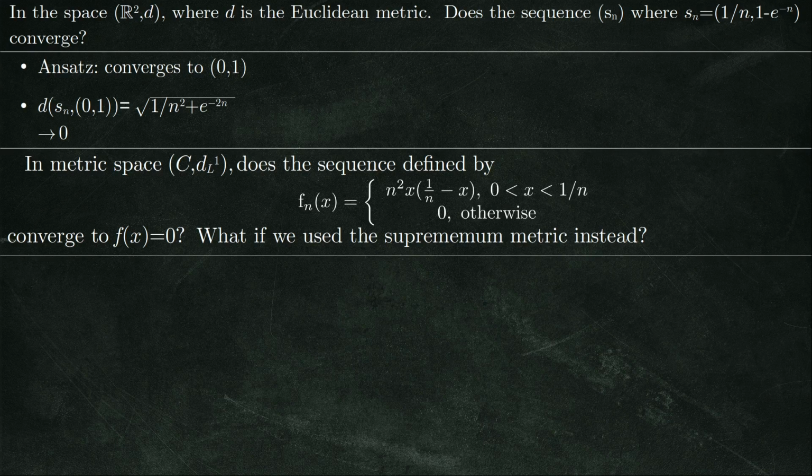What this is, is just like a bump between 0 and 1 over n, but the function is 0 otherwise. And then we're asking, does this converge to 0, or the function f(x) equals 0? So have a go on your own, and then come back to the video and I'll go through the solution.